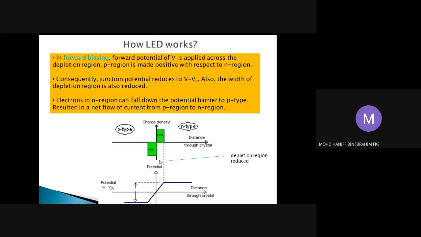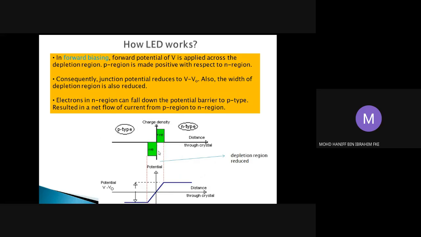In forward biasing, you have to remember that the depletion region width is reduced as a result of the reduction of potential. When we have a very small depletion region, the electrons in the N-type will find it much easier to cross over the depletion region to the P-type semiconductor.